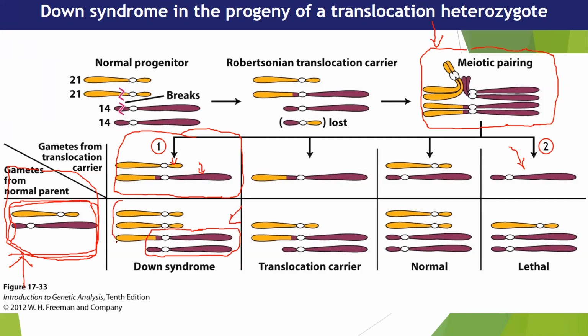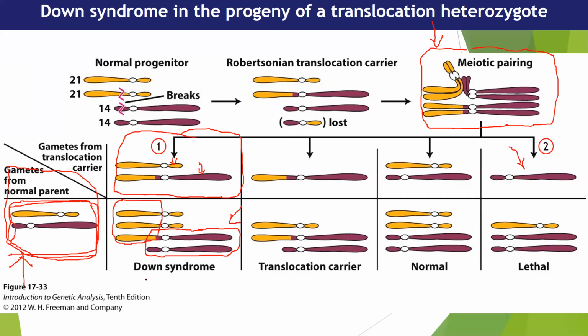However, for chromosome 21, we have almost 3 copies. This is equivalent to what we have learned before. If, due to non-disjunction, an individual has 3 copies of chromosome 21, then that's Down syndrome, right?